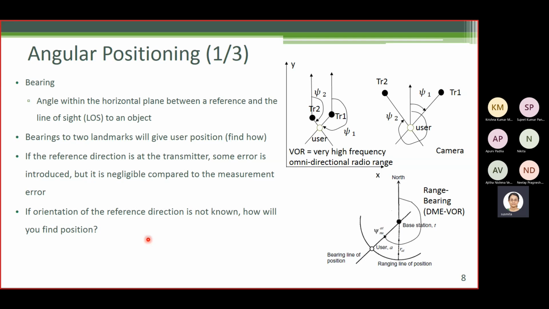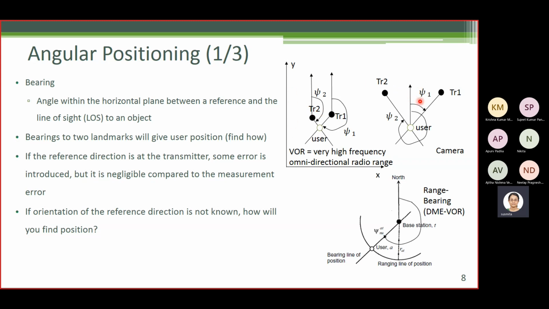Three unknowns, correct? Is this clear to everyone that you have three unknowns? Yes, ma'am. So you have the x and y coordinates of the user as two unknowns. To that you get one more unknown, because since the reference direction is not known, you assume that it makes some angle with the y axis, and that angle is not known.